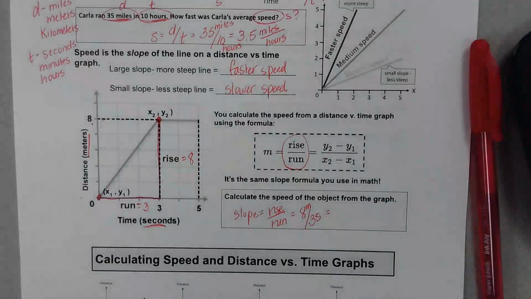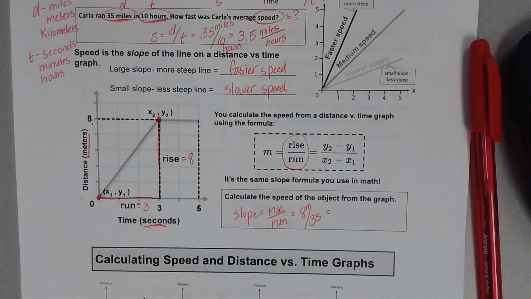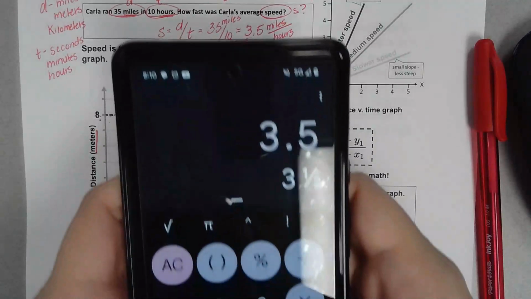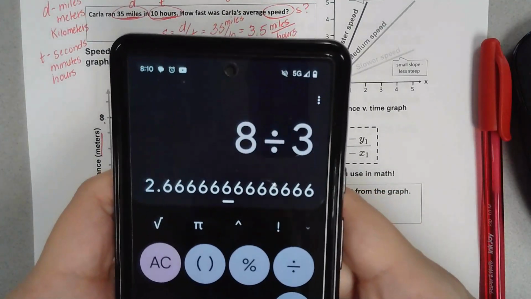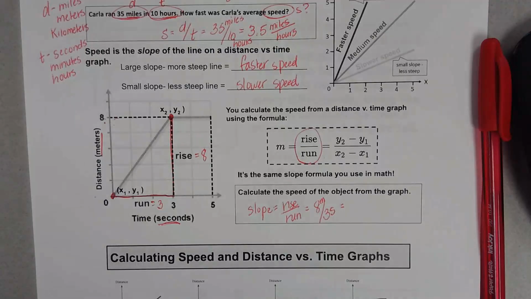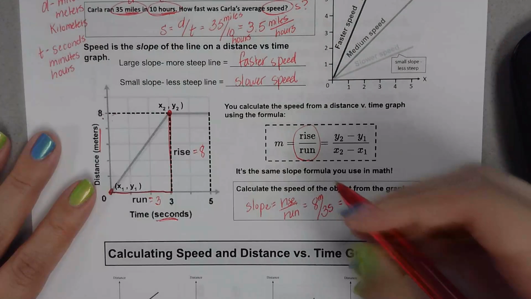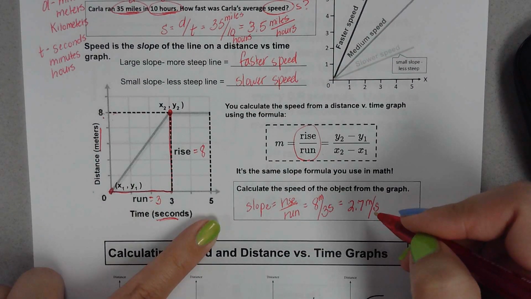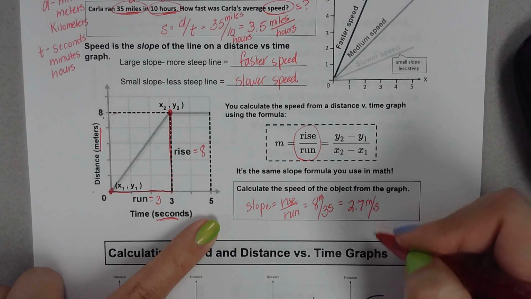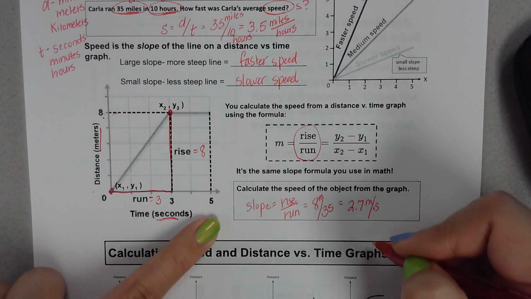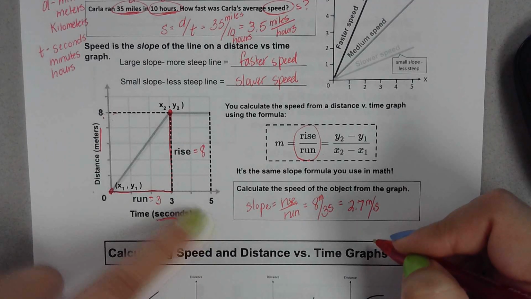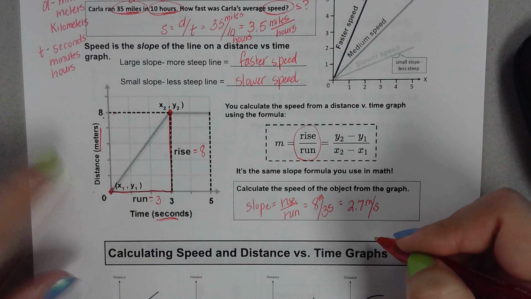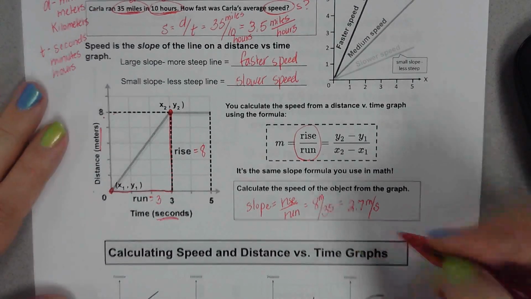So 8 divided by 3. 8 divided by 3 is 2.66 repeating. Speed for this line.